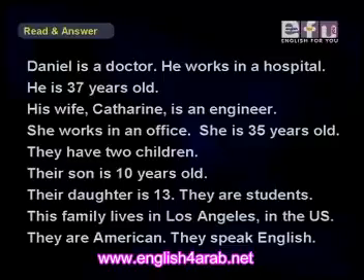She works in an office. She is 35 years old. They have 2 children. Their son is 10 years old. Their daughter is 13. They are students. This family lives in Los Angeles in the U.S. They are American. They speak English.